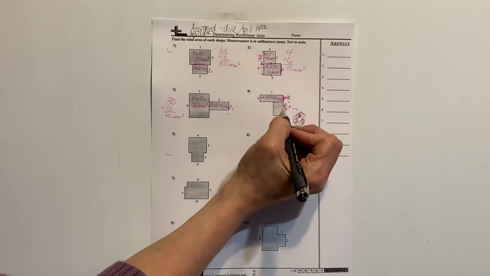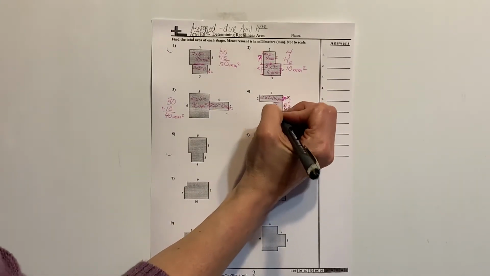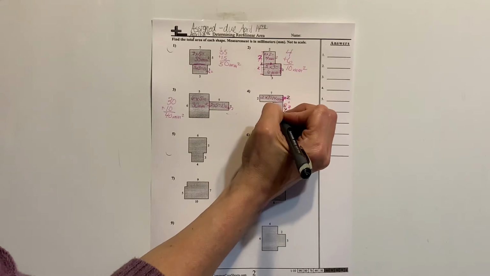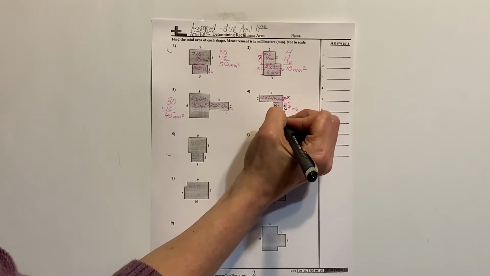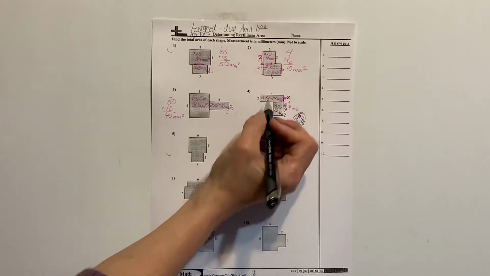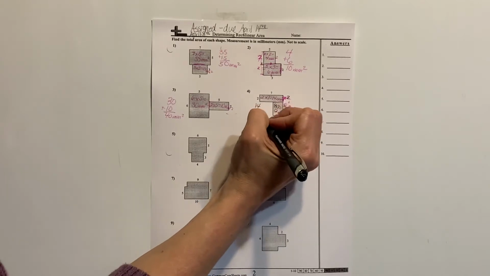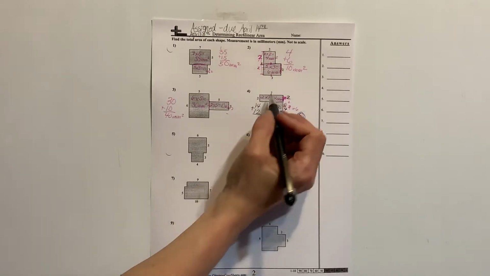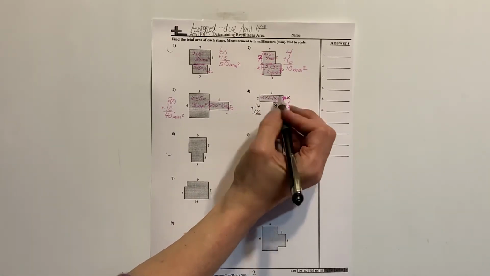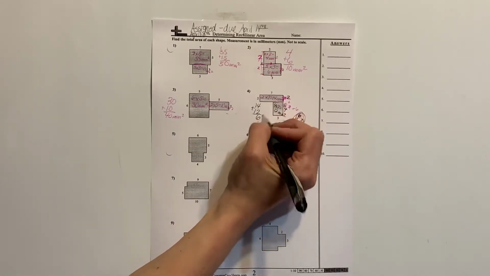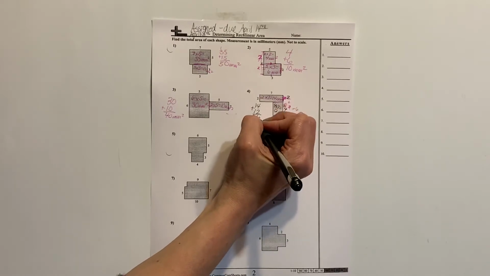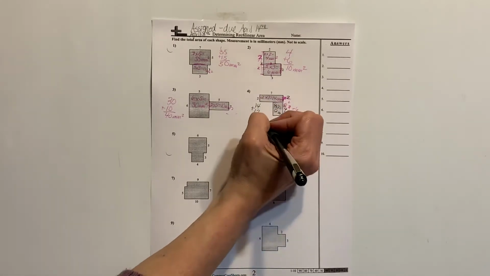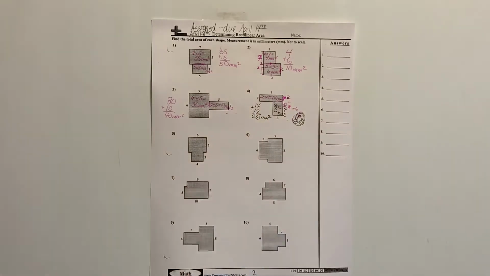So the length of this side is 4, the width is 3, so it's 12 millimeters squared. So I've got 14 and 12. So 4 plus 2 is 6. 1 plus 1 is 2. So I've got 26 millimeters squared.